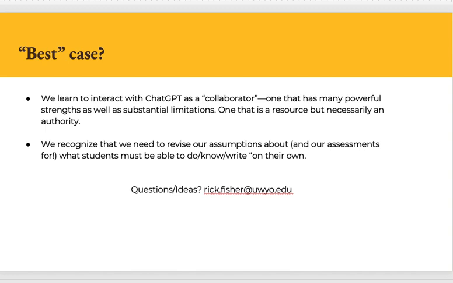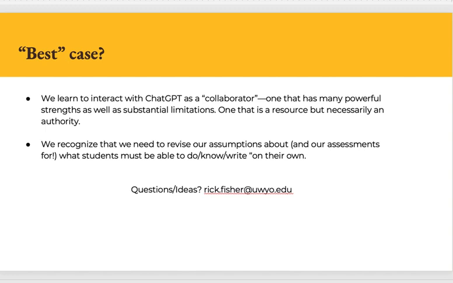It's a resource, but it's not necessarily an authority, or I have to start learning the ways that I can trust it as an authority, and the ways where I have to acknowledge that it's just a resource that I can consider. So that idea of ChatGPT as collaborator, at least for me, is where I'm moving and thinking about how I want to integrate it in the classroom.